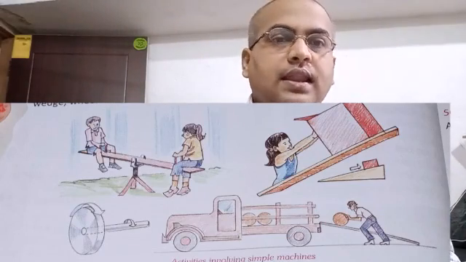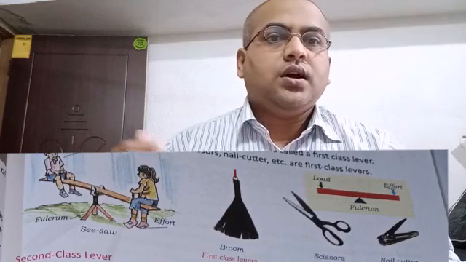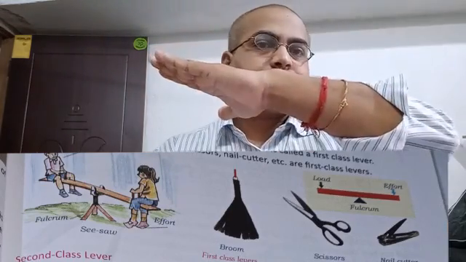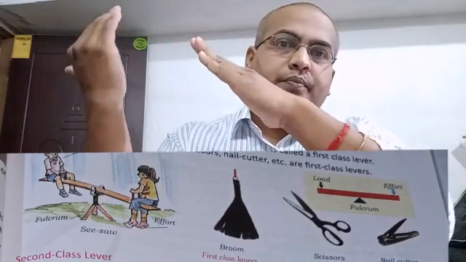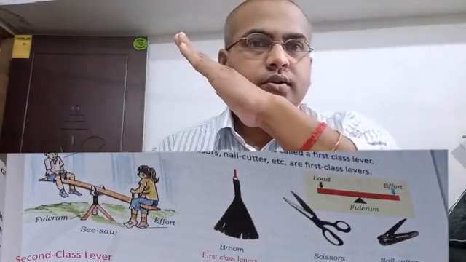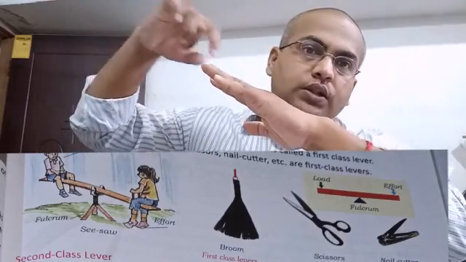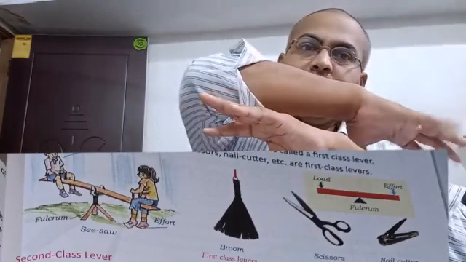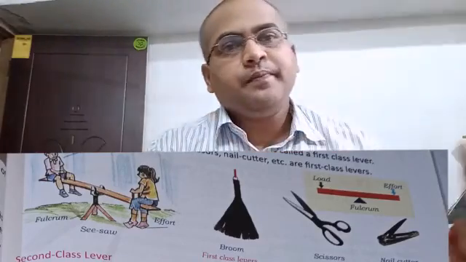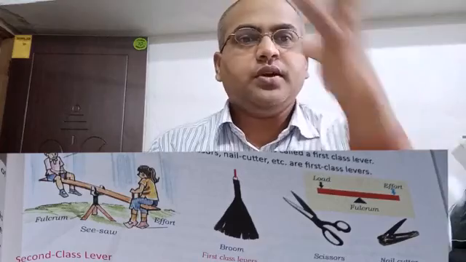Have you seen that some people removing loads from the truck use an inclined plane, or a piece of wood like this, and they roll the things downside and they roll the things upside. This helps them to move the things to a higher place from the ground.